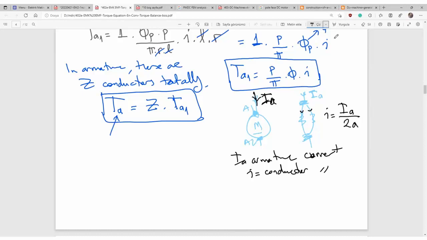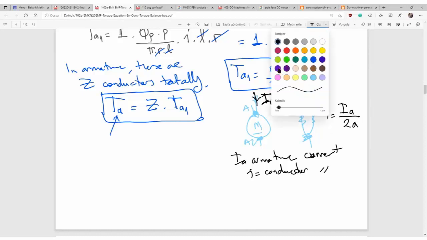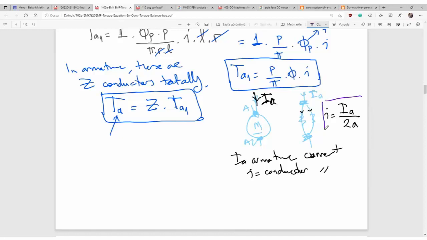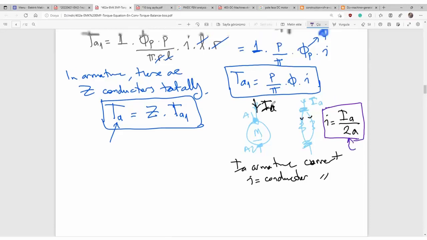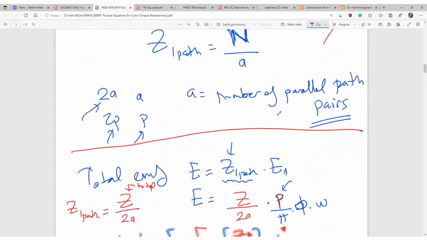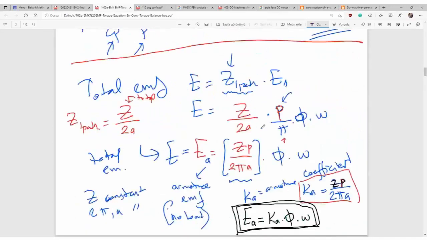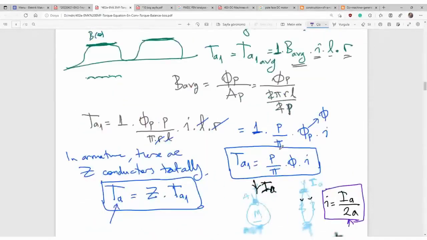That is important, which is why I lectured some information about the windings. The number of parallel paths was in the EMF equation, somewhere here, 2 pi, and the number of parallel paths are again here.